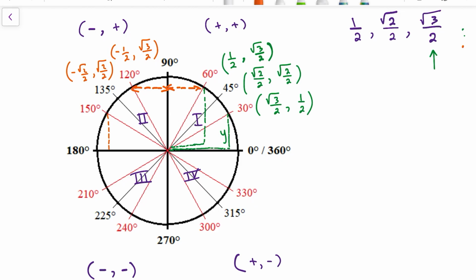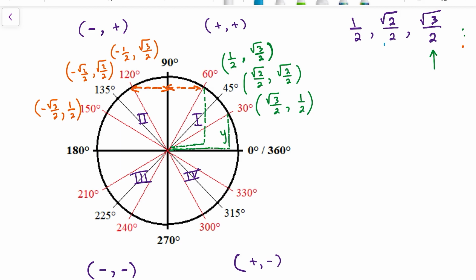So we can express 150 as 180 minus 30. So the cosine for 150 degrees will be negative root 3 over 2, and a positive sine, which is going to be a half.